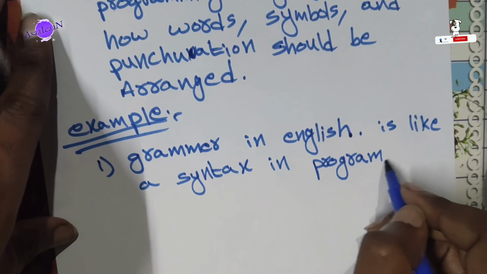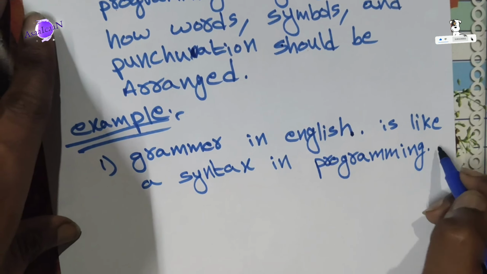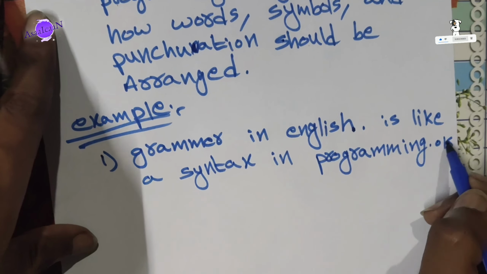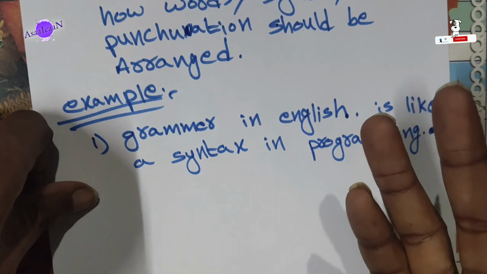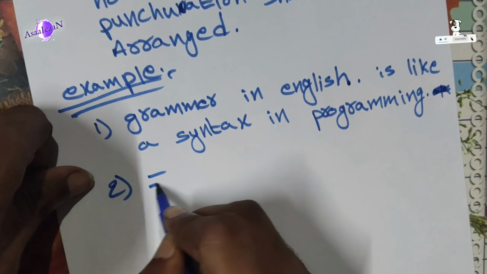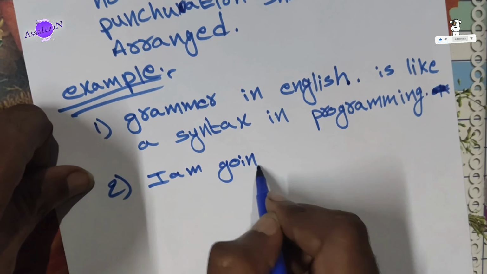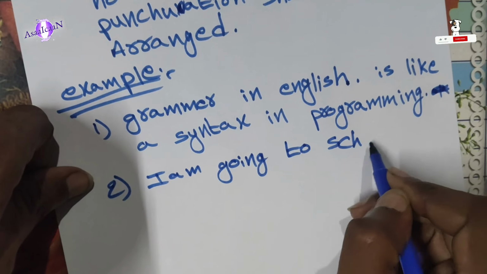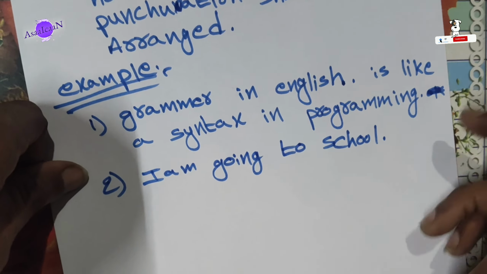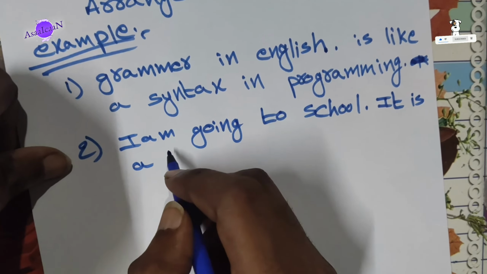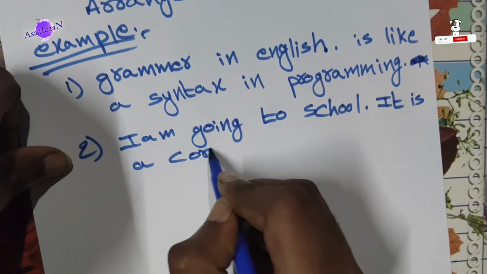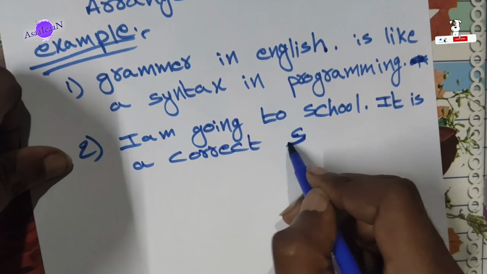Okay, do all of you understand it? If you think, I am going to school, it is a correct sentence, right?